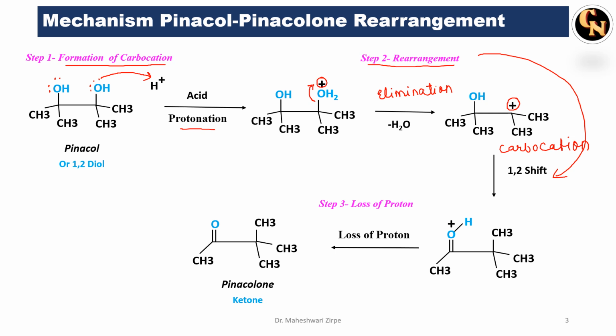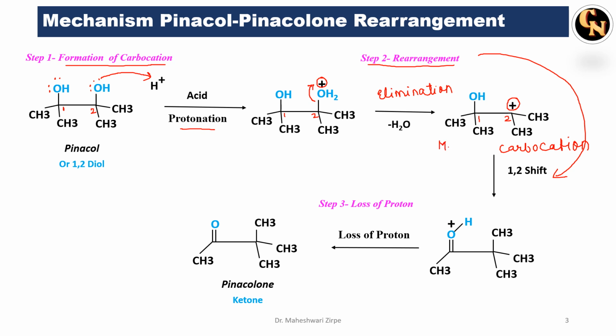As we have labeled these OH groups as 1 and 2, you will find that between the first and second carbon a rearrangement or shifting is going to occur.